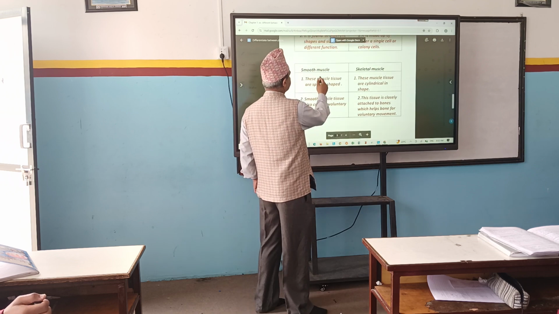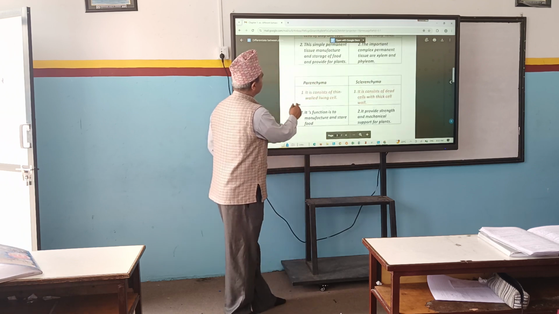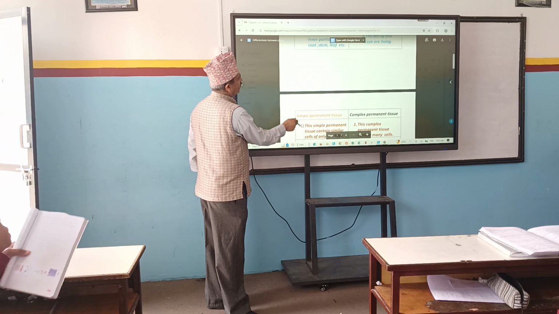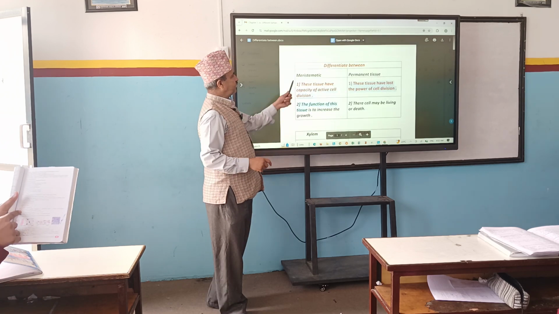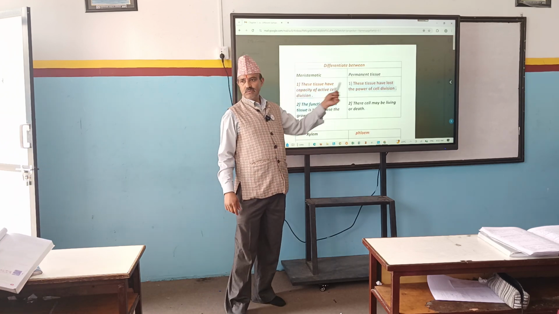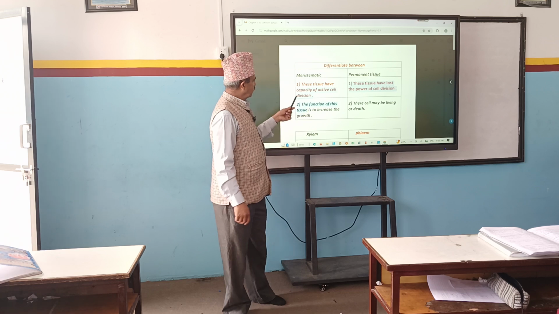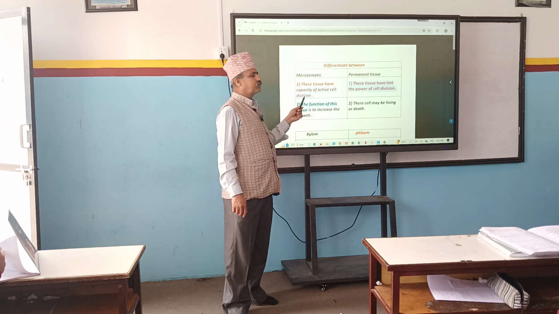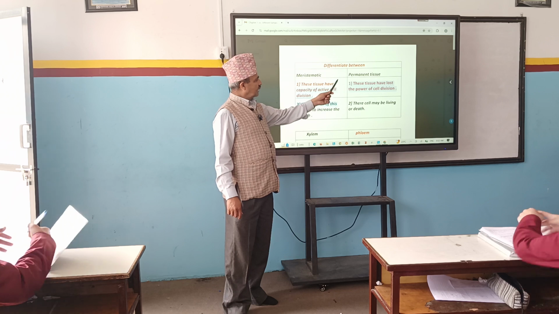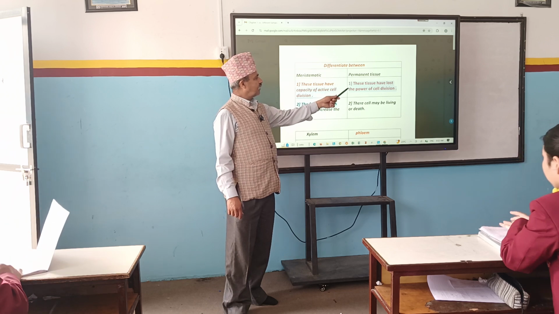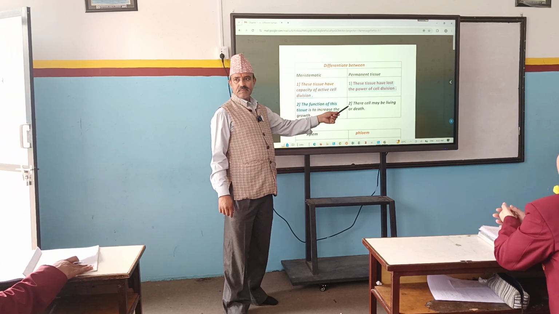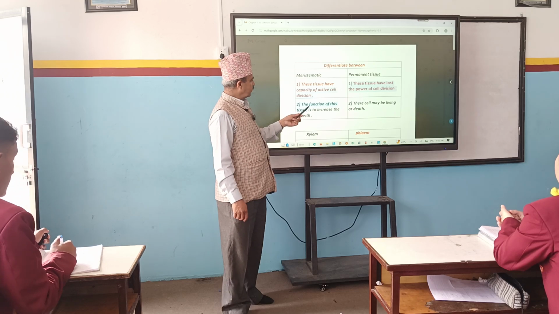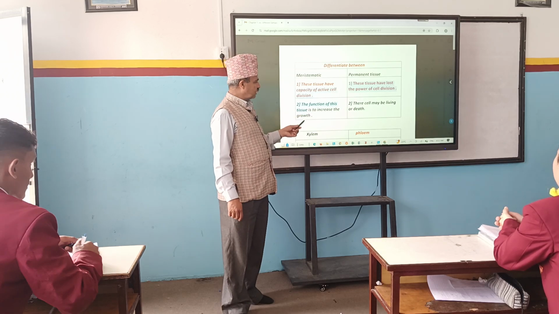So see here, the differences are given this side. Meristematic tissue and permanent tissue. Meristematic tissues have the capacity of active cell division, and permanent tissues have lost the power of cell division. The function of this tissue is to increase the growth.